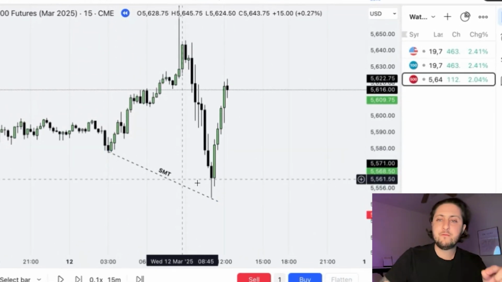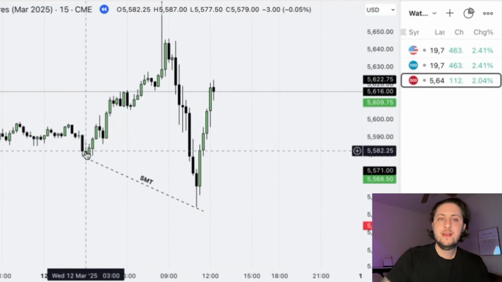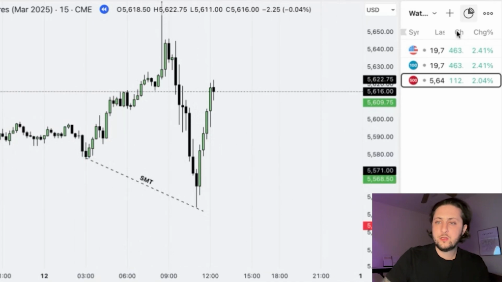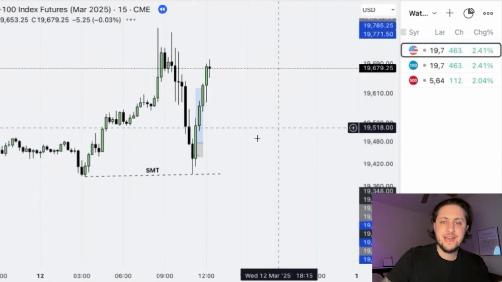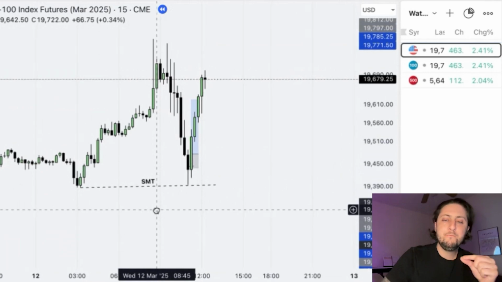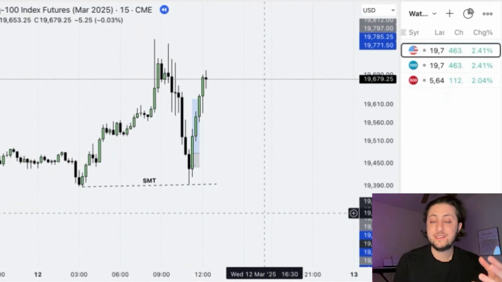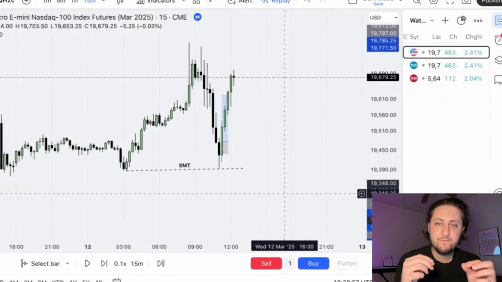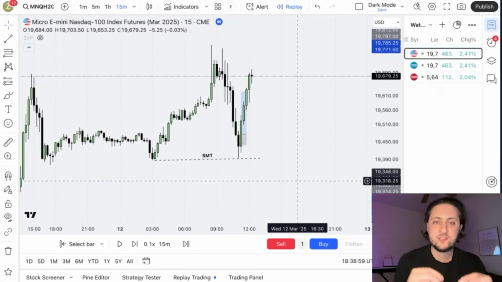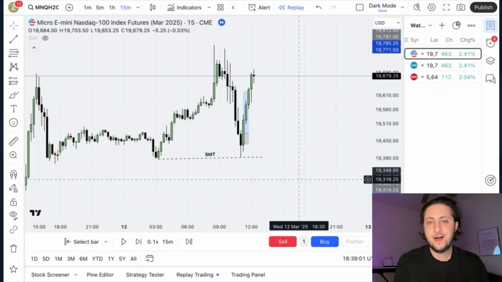When you see this type of price action pattern where the ES in this case makes a lower low, while the Nasdaq makes a higher high, it's an immediate reversal signal. Now, I'm not going to say they work 100% of the time, but they work very, very often. It's one of the most key reversal signals in my arsenal.